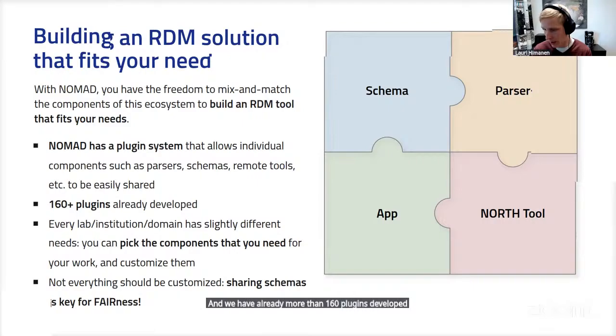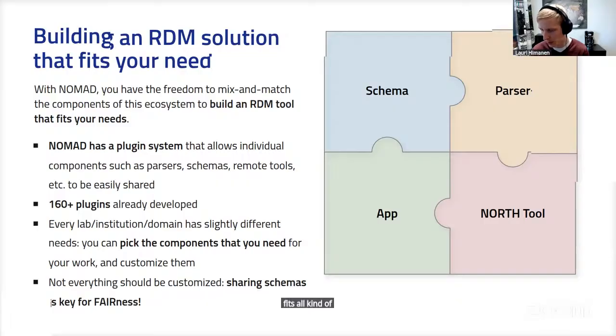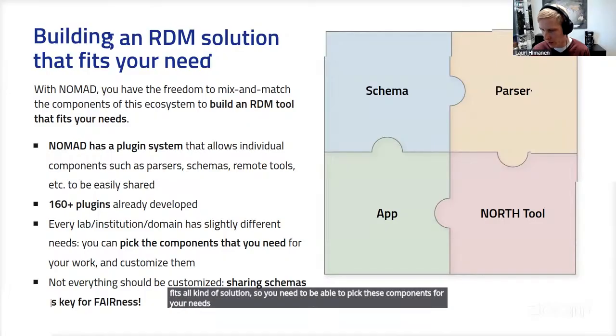I just want to emphasize that every lab has slightly different needs, so you cannot build a one-size-fits-all solution. You need to be able to pick these components for your needs. But I also want to emphasize that not everything should be customized.